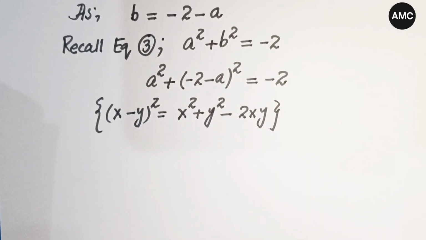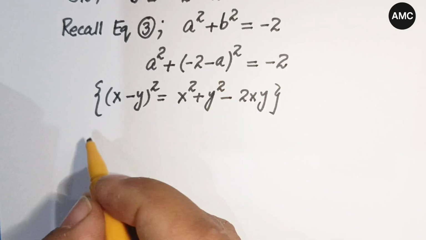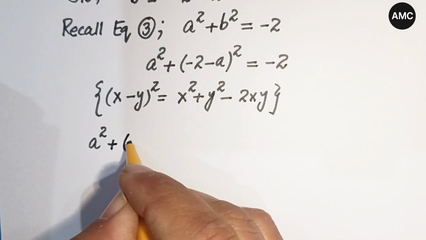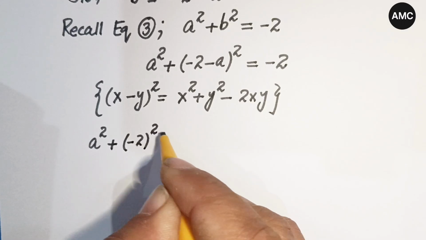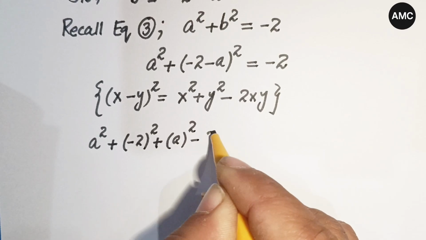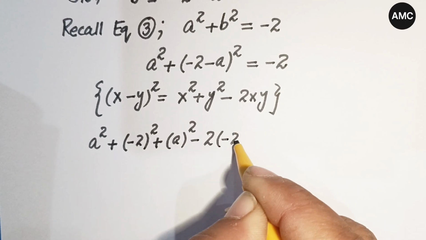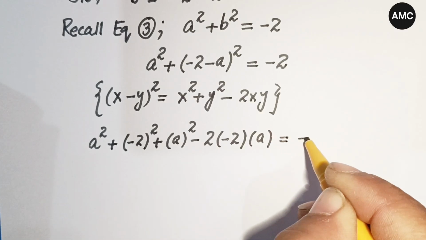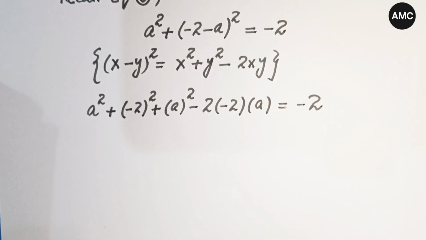So applying this formula here, it will be a squared plus (minus 2) whole squared plus a squared minus 2 times minus 2 times a is equal to minus 2.